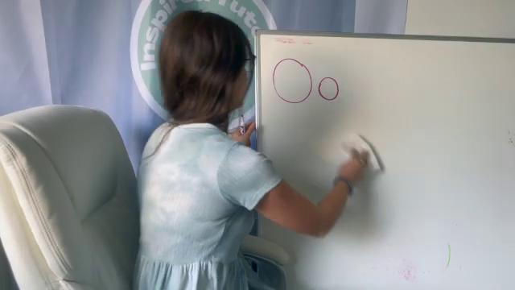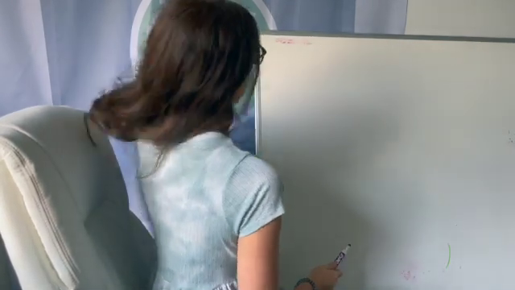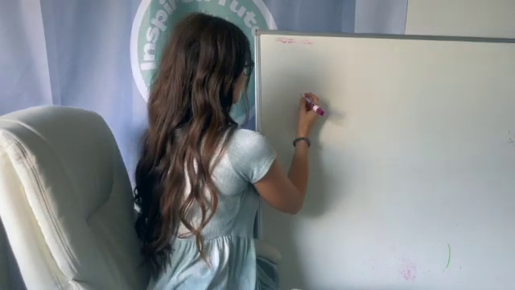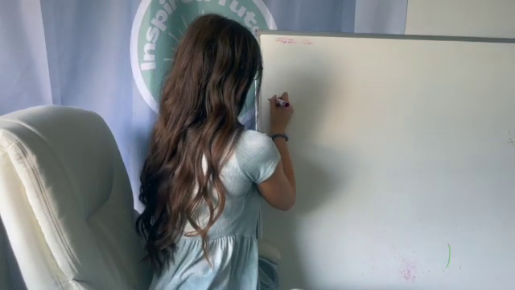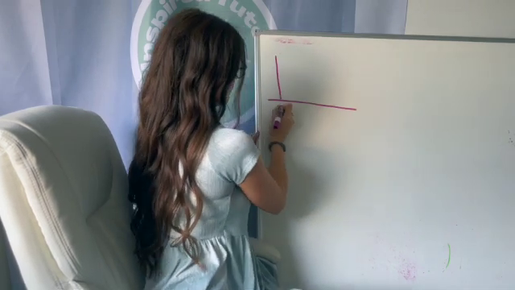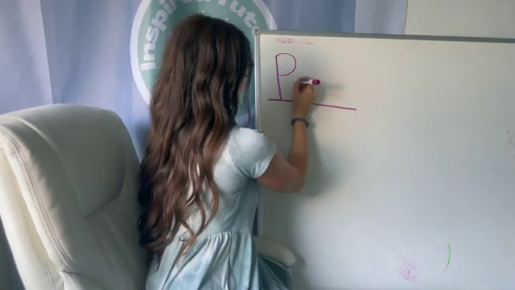All right, very good. Our next letter is the letter P. And P is also going to look almost like our uppercase. So let's pretend we have a line here. Our uppercase P is going to just come down to the line like that, okay? But our lowercase p is going to look like this.